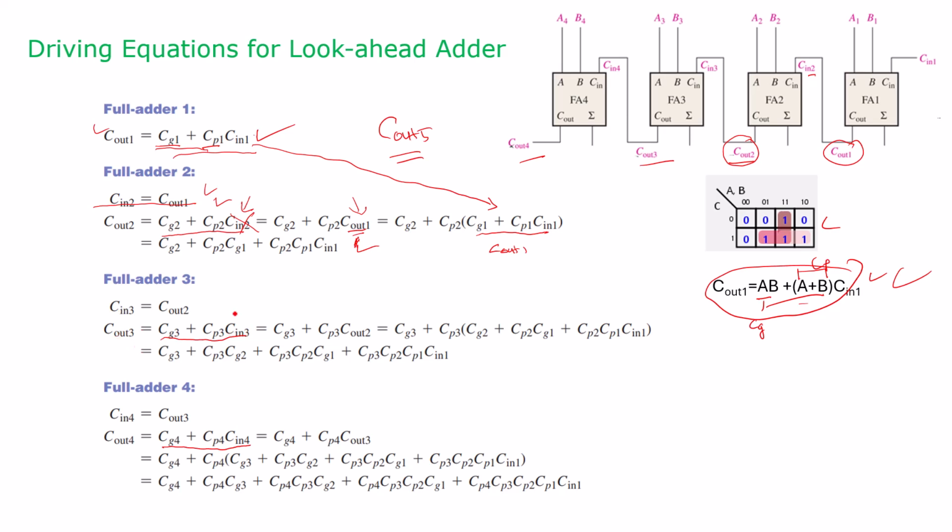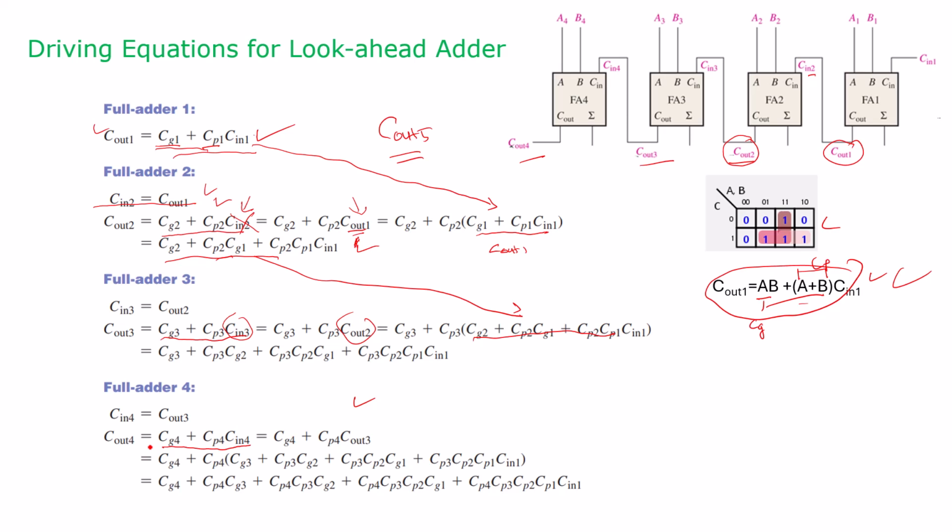Again we substitute here, and we already know what C out 2 is, which is here, calculated from this step. We just substitute it here.